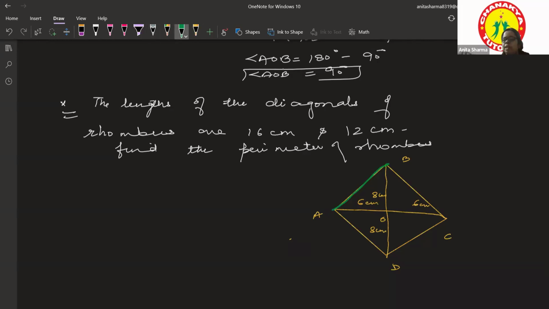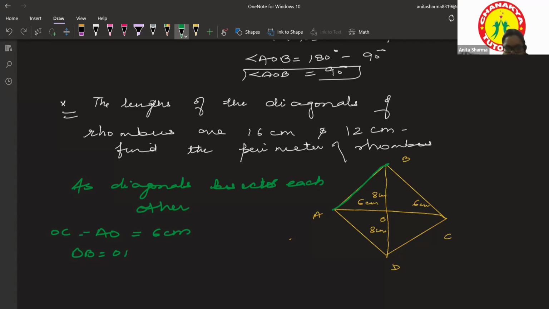In a rhombus, we know that all sides are equal. So if we have got one side, then perimeter will be 4 into side only. So what we will do, you will write: as diagonals bisect each other, AO will be equal to OC, 6 centimeter, and OB is equal to OD, 8 centimeter.